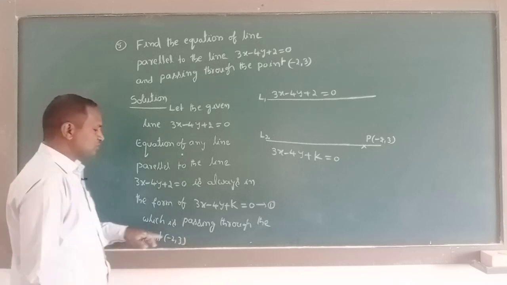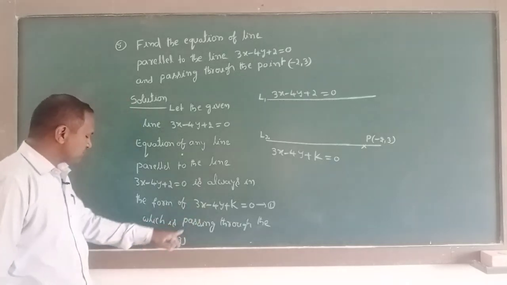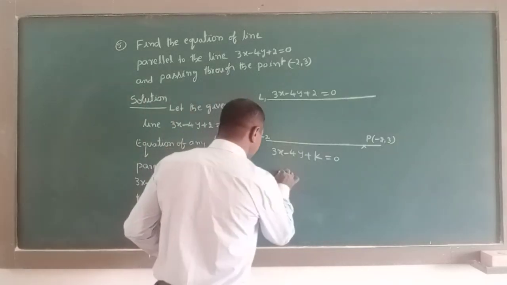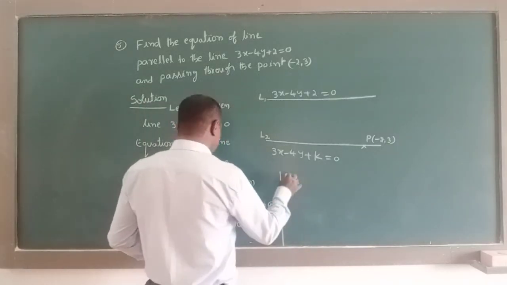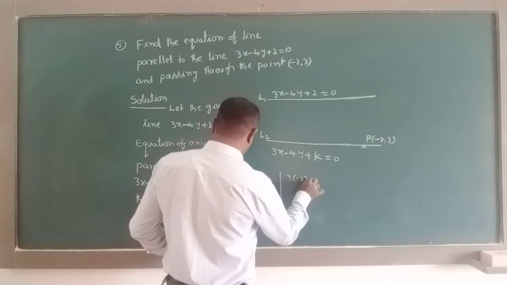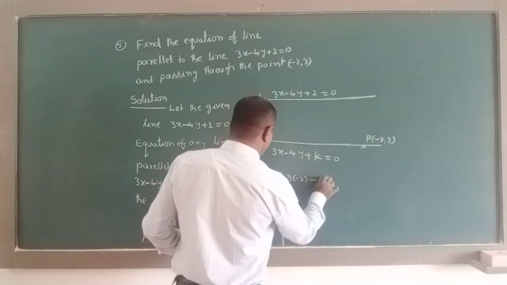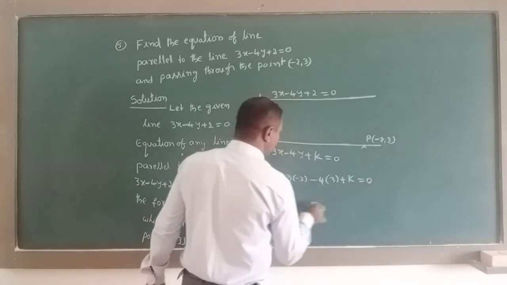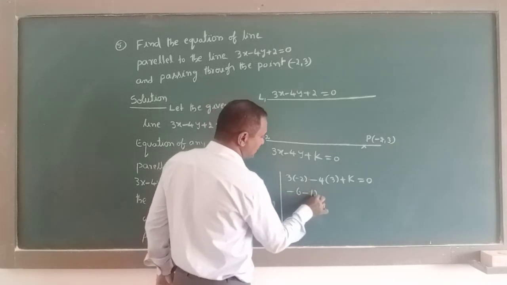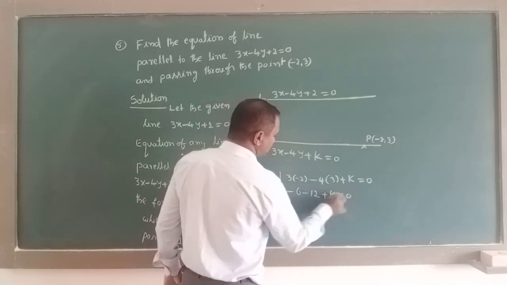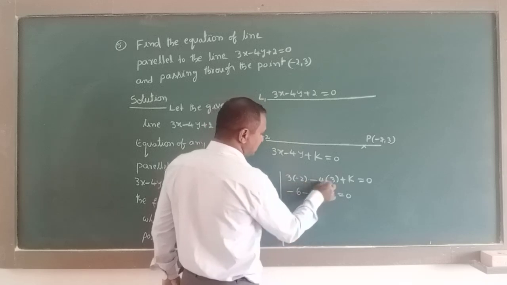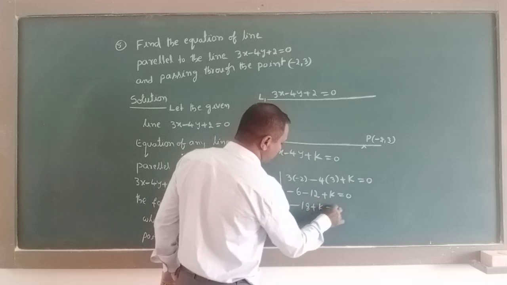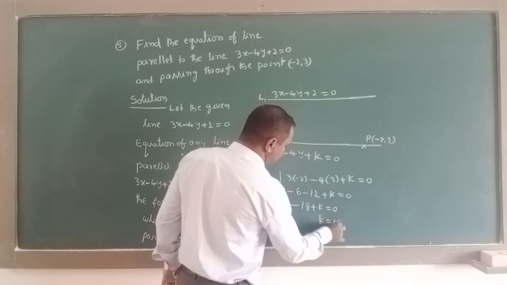Whenever it is passing through minus 2 comma 3, instead of x we take minus 2 and instead of y we take 3. So 3 of minus 2 plus minus 4 of 3 plus k is equal to 0. That is minus 6 minus 12 plus k is equal to 0, that is minus 18 plus k is equal to 0, so k is equal to 18.